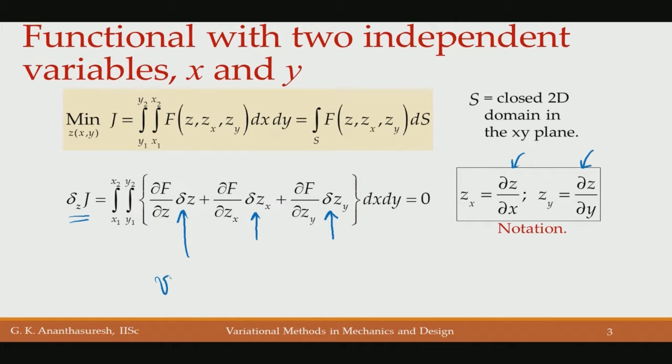So, this is what we called the variation of z, a small perturbation on z, but here we have the partial derivative of the variation with respect to x, and the partial derivative of the variation with respect to y. We need to do integration by parts.